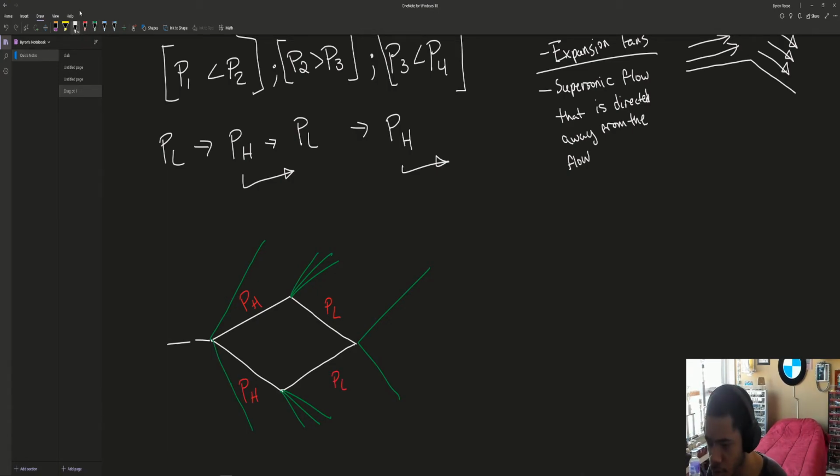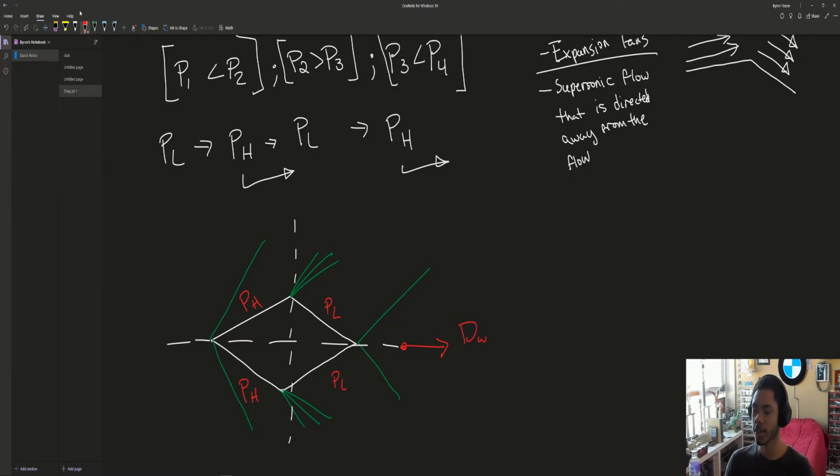Now if we split like this, we find that the pressures pushing against each other in this direction and this direction will cancel out due to symmetry. But if we split it like this, we find that it's our scenario of the P1 versus P2 from earlier, and we'll get a resultant drag force in this direction due to the wave drag.